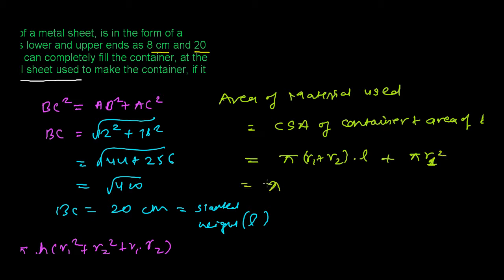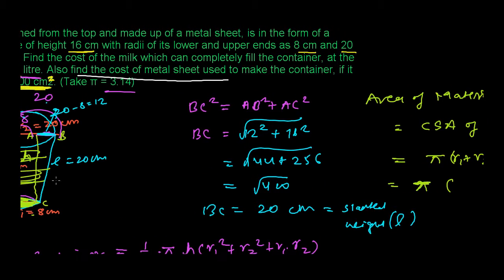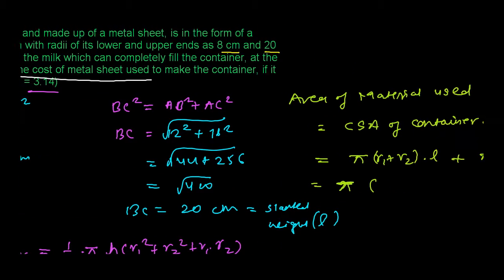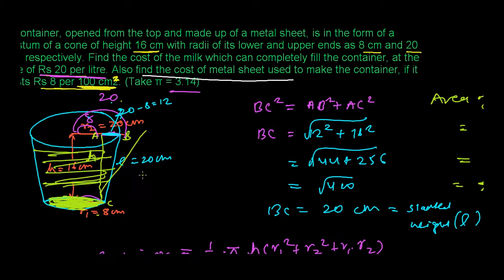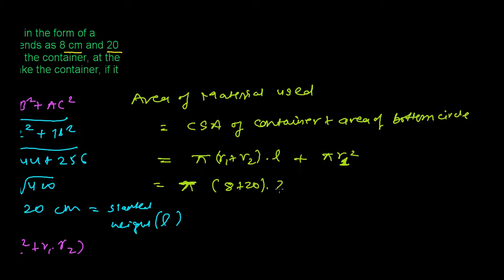So it's pi, and r1 is our 8 and r2 is our 20. So it's going to be 8 plus 20, and our length, the slanted length we recently found out, is 20. All right, so it's 20 plus now again pi, and r1 is 8, so 8 square.